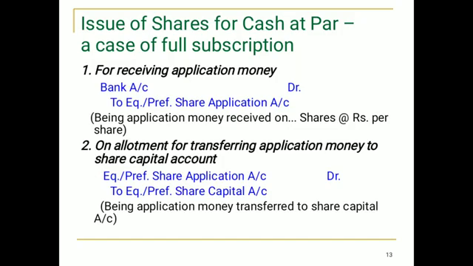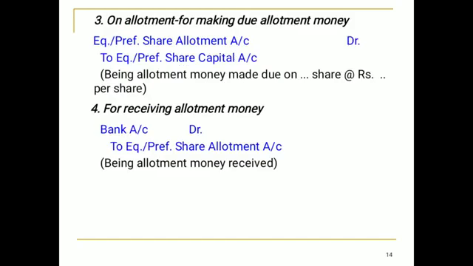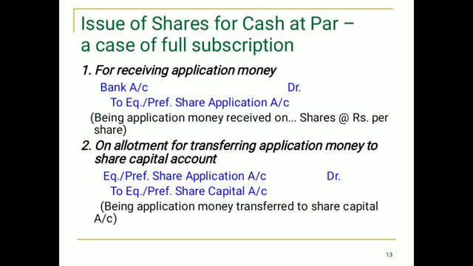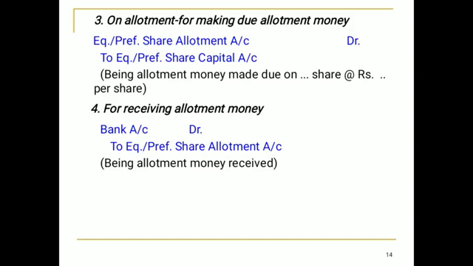So, the second step of allotment. Now that you have allotted shares to the shareholders who applied, they are now shareholders. Now comes the step of collecting the allotment amount. The third journal entry is for making due allotment money, that means now you have to call for the allotment money from them.